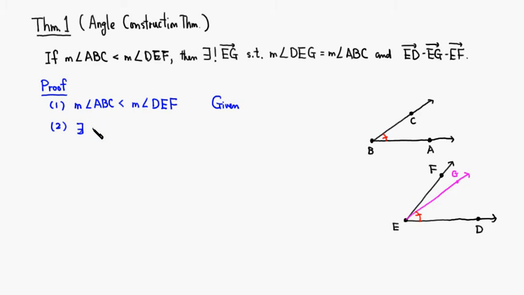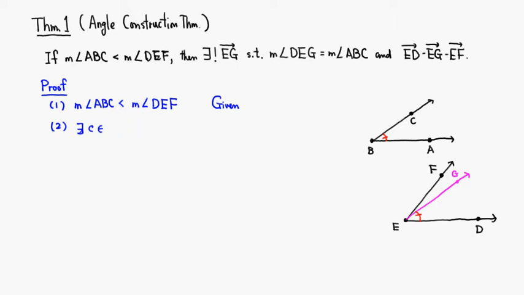I'm going to call this C, which is in between 0 and 180, such that, actually, can I squeeze in one more?